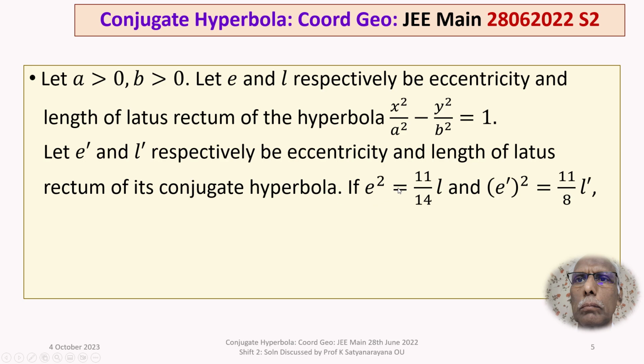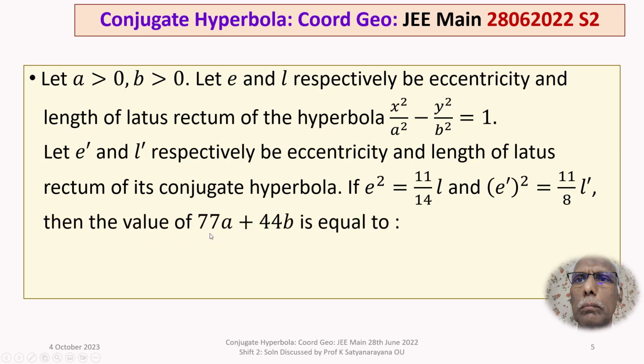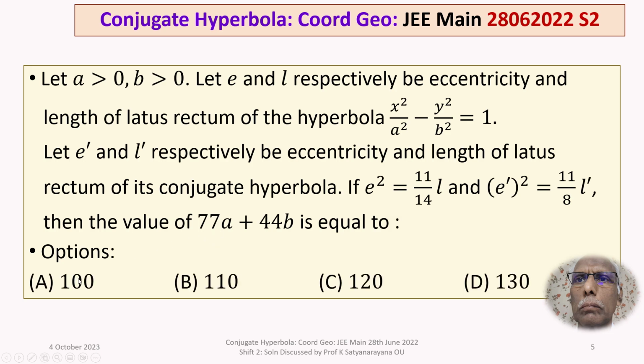If E square is equal to 11 by 14 L and E prime square is equal to 11 by 8 L prime, then the value of 77A plus 44B is equal to, we are given four options. Option A 100, option B 110, option C 120, option D 130.